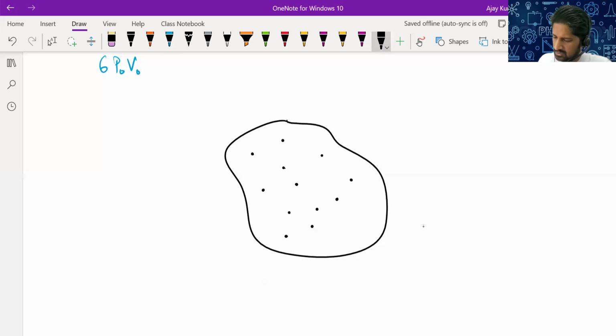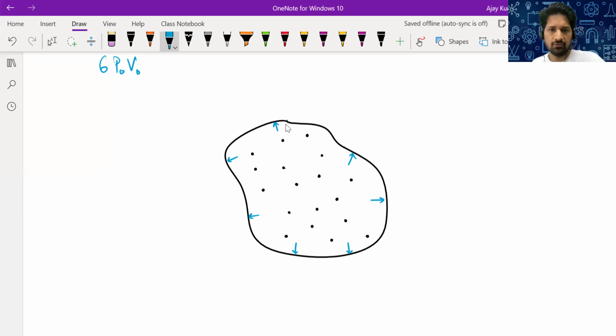Gas molecules, due to their random motion, will always be exerting forces in the outward direction on the container. Gas molecules cannot pull the walls of the container inwards. They will be pushing it outwards only always. At any temperature greater than 0 Kelvin, positive pressure will be there. Gas molecules will be pushing the walls of the container outwards.